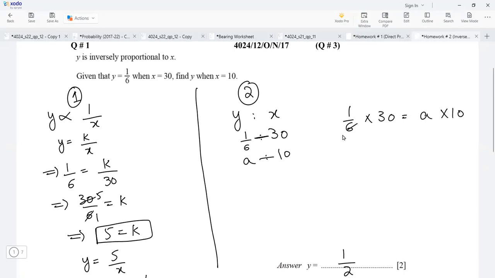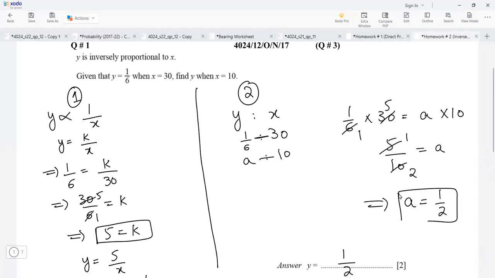We can simplify them: 6 times 5 is 30, so 5 over 10, meaning 10 and a are multiplying, so 10 will divide onto the other side. It becomes 5 over 10, the same process, which is 1 over 2. The answer for a, which was actually y, is 1 over 2, the same thing.